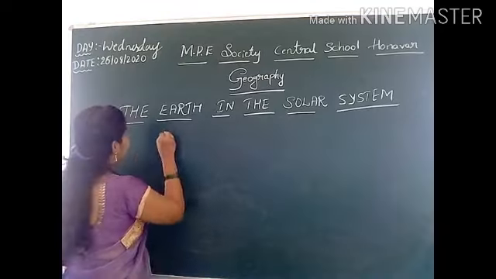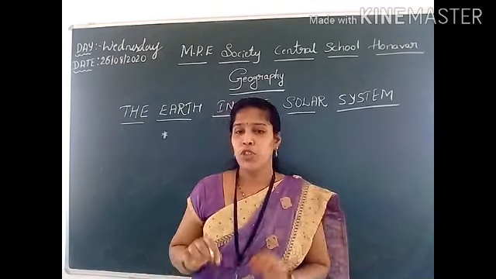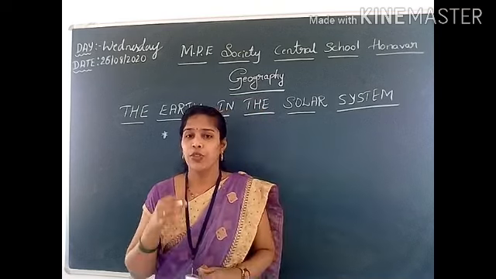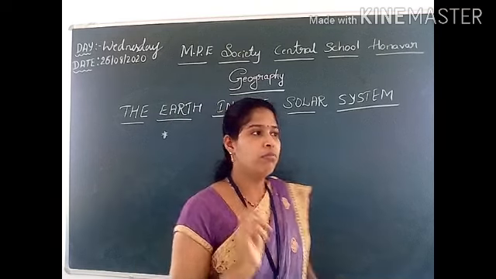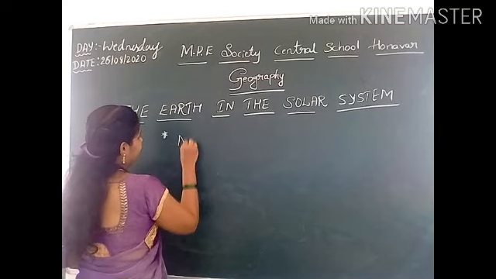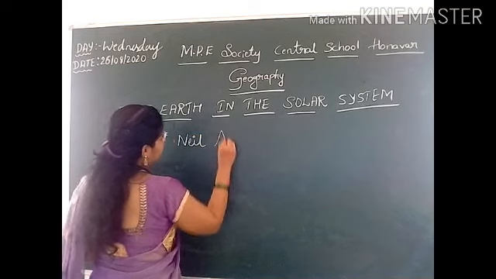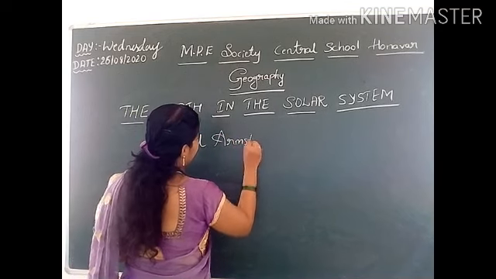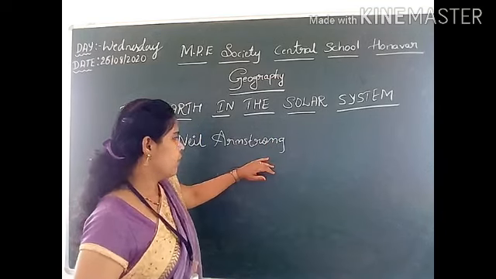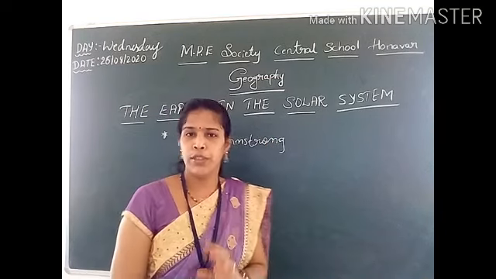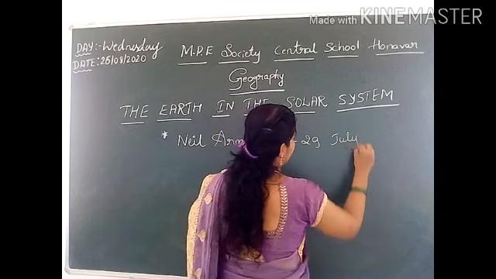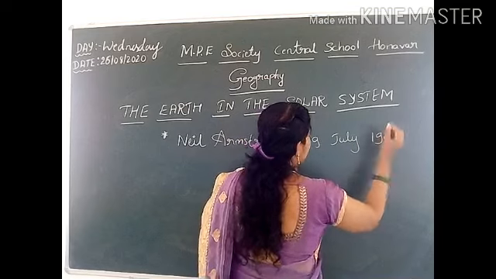First, Neil Armstrong was the first man who stepped on the surface of the moon on 29 July 1969.